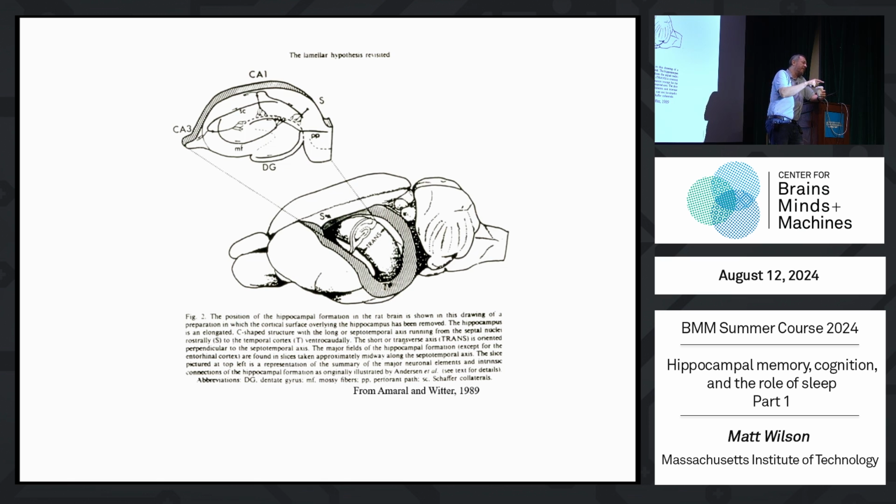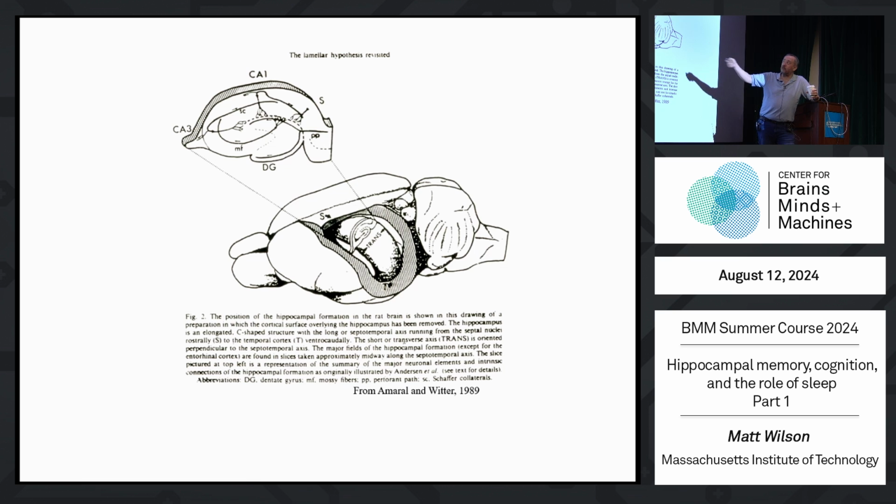Well, I left out one thing. Historically, this was something that had been pointed out anatomically. In fact, I don't know if they mentioned it, Amaral and Witter, it's referred to as the lamellar hypothesis. One feature of these hippocampal projections is that the input from the dentate gyrus to CA3 doesn't go everywhere along the hippocampus.